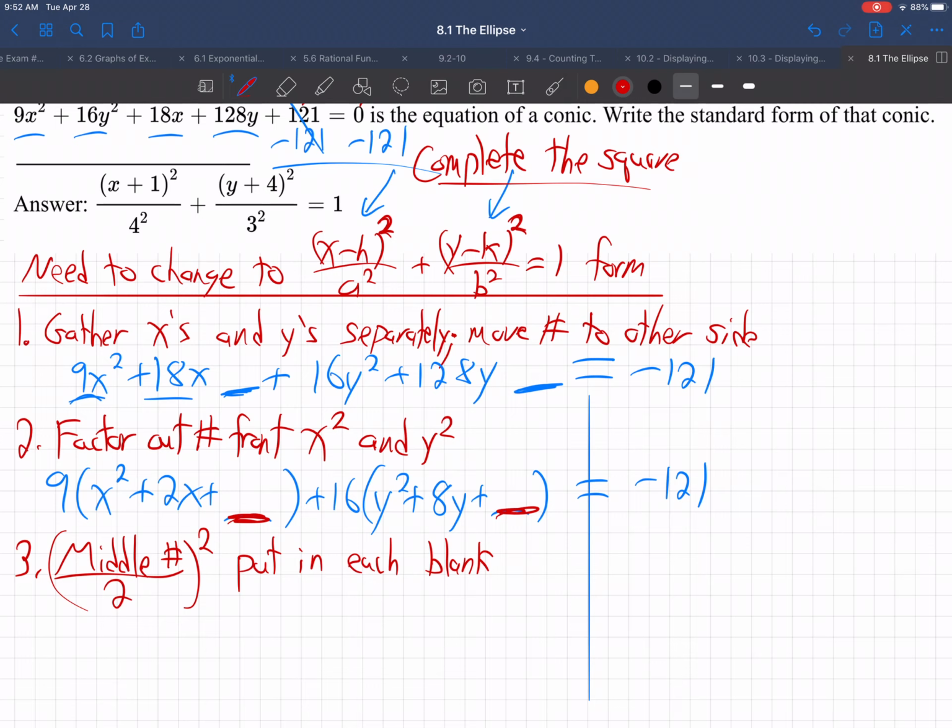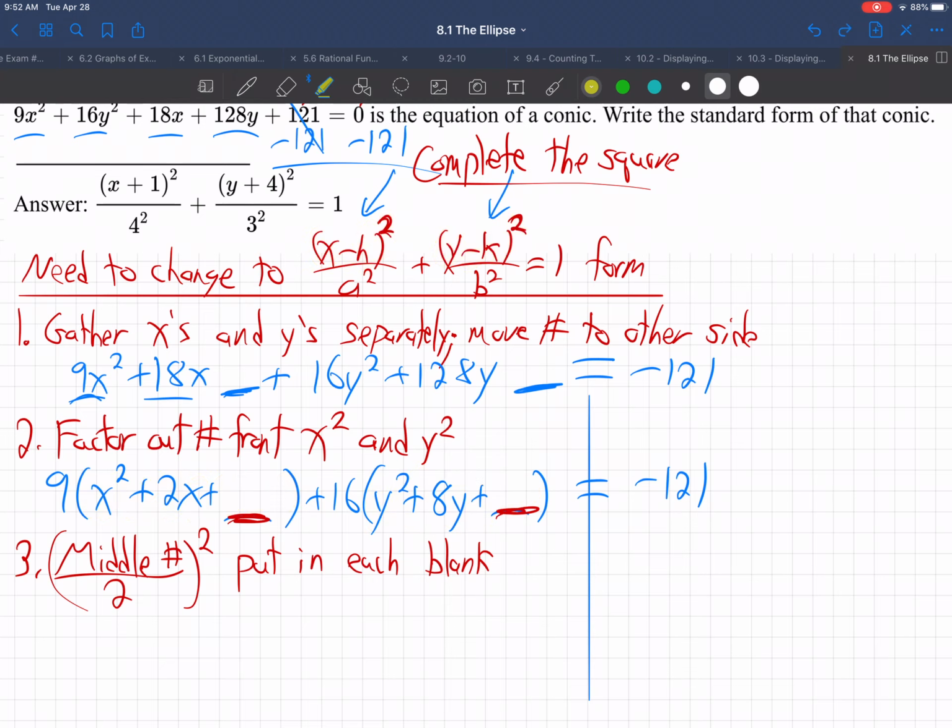I'm trying to make these parentheses here become like this, a squared, and this. Trying to make those parentheses become parentheses to the second power.